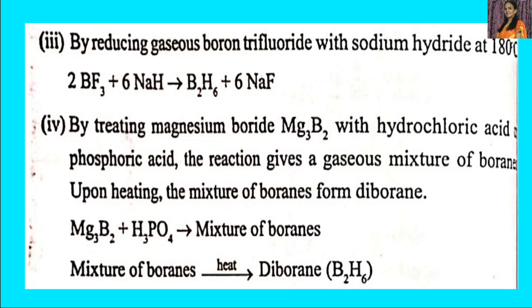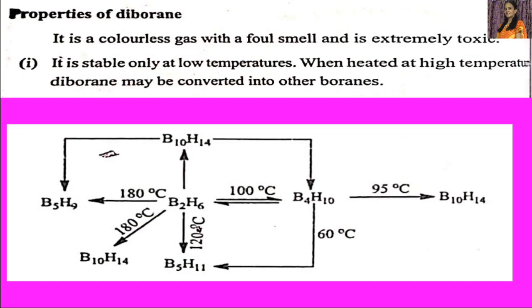Here we are considering phosphoric acid, H3PO4. Then we get a mixture of boranes. We have studied a number of boranes. This mixture of boranes, on heating, gives diborane. So these are the four preparations of diborane.